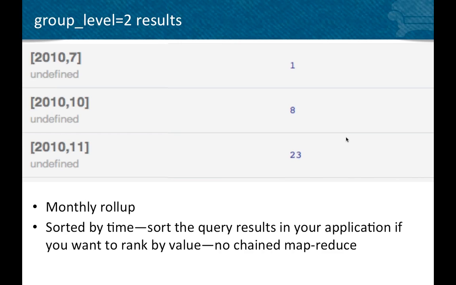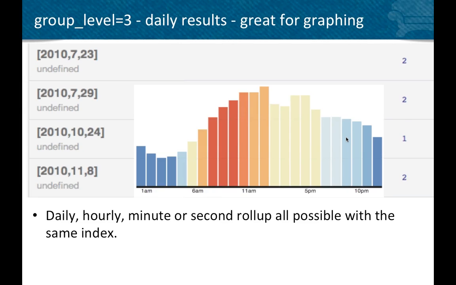So with group level 2, as we saw earlier, we're getting monthly results, but we can also get hourly or daily segments. With group level 3, we're getting daily results, and with group level 4, we would get hourly. And what this is really great for is lightweight analytic browsing and queries.